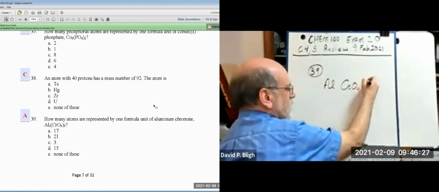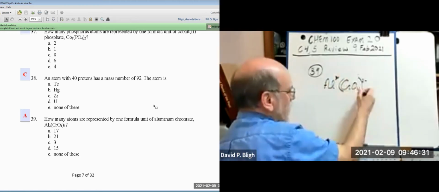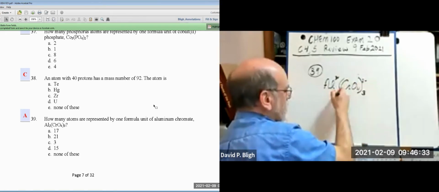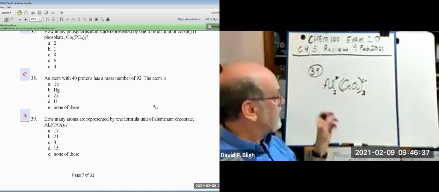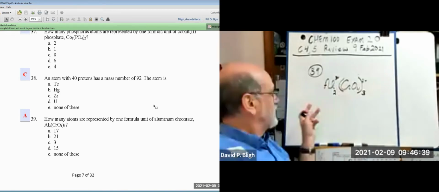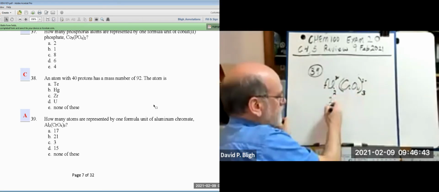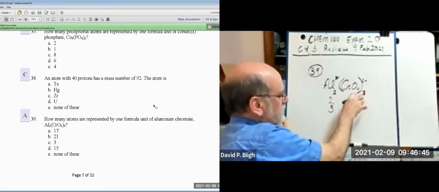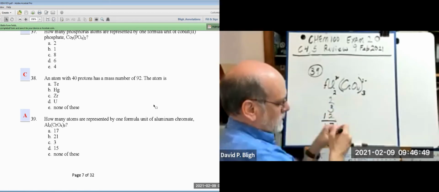This is a 3+ charge. So that means cross multiply a 3 down here and a 2 down here. So how many total atoms? Well, we've got 2 plus 3 plus 12. Should be 17.